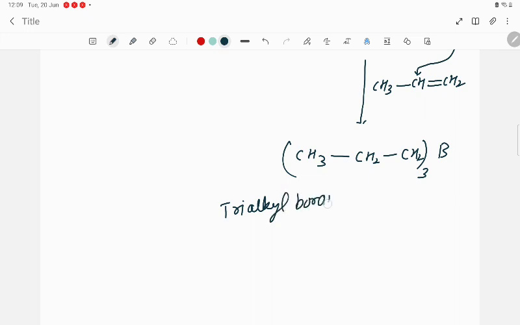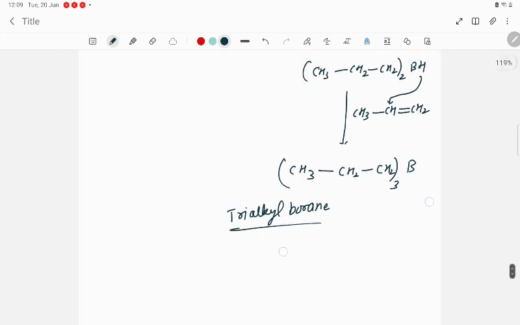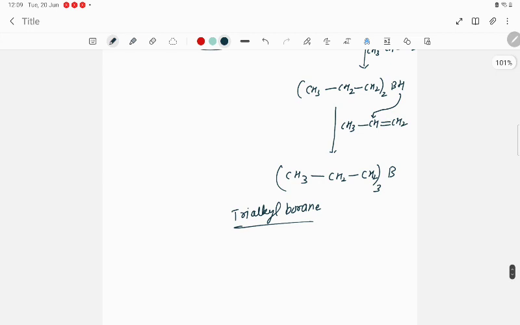Now this trialkyl borane, you oxidize with the help of hydrogen peroxide in basic medium. Hydrogen peroxide we write according to structure, 3 molecules of hydrogen peroxide.